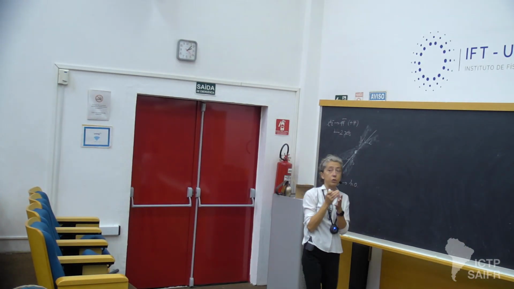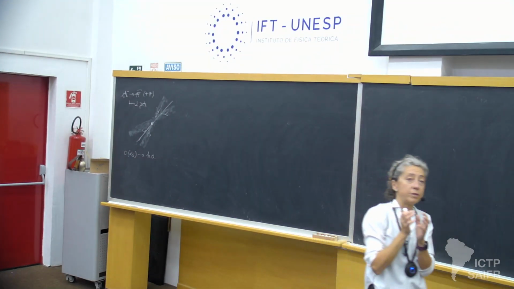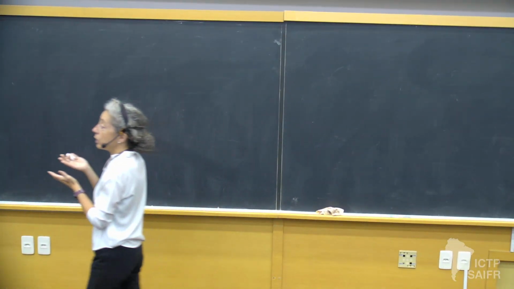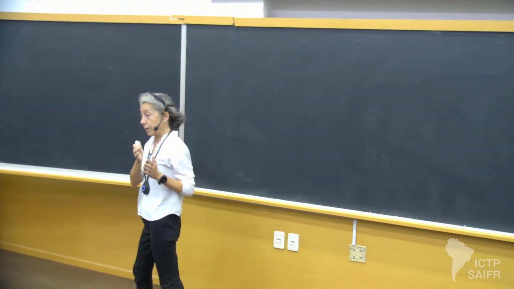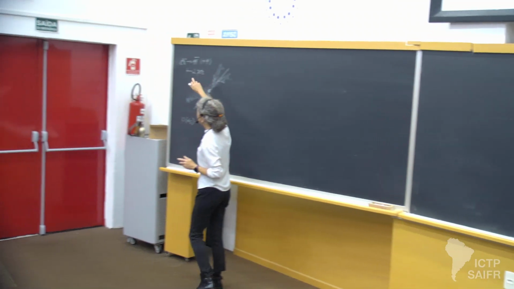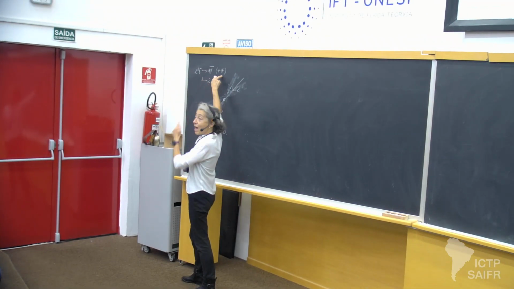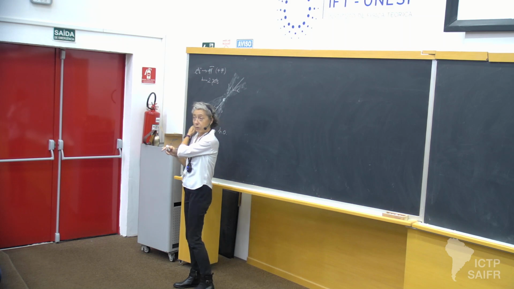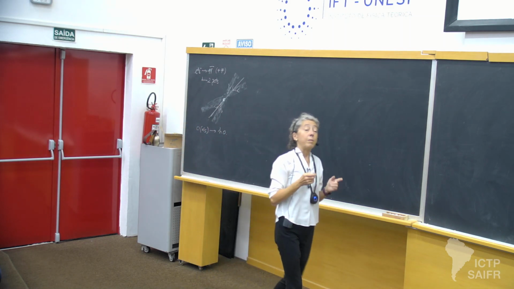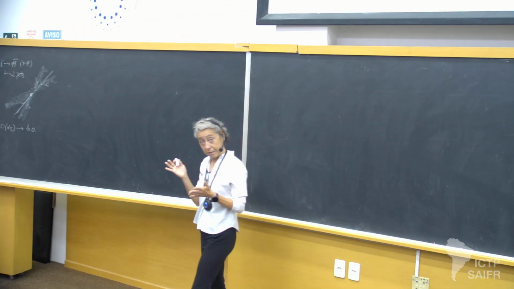We isolated probability factors, or radiation kernels, that we use to build it in the soft collinear region, not all over. I'm not saying that I can calculate the cross-section for e+ e- to q q-bar gluon as I'm writing it on the blackboard, because that is not factorizable in terms of the previous order. But in the soft collinear region, which is the region that dominates the shape of the event, it is.